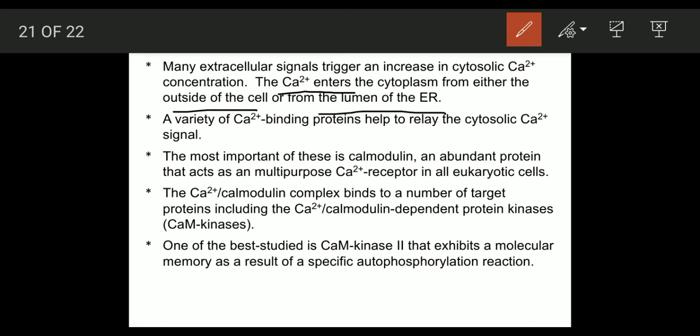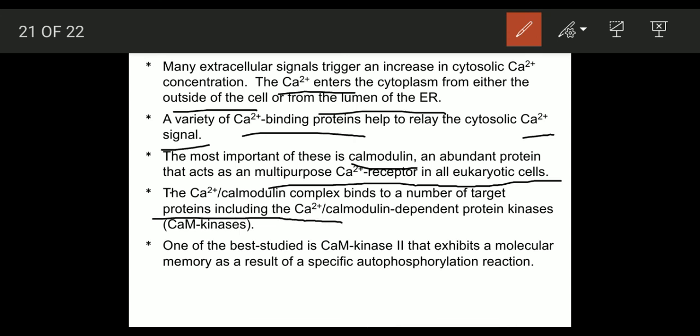As we have already discussed, a variety of calcium binding proteins help to relay the cytosolic calcium signals. The most important of these is calmodulin, a very important protein here, guys, an abundant protein that acts as a multi-purpose calcium receptor in all eukaryotic cells. The calcium calmodulin complex binds to a number of target proteins, including calcium calmodulin dependent protein kinases.